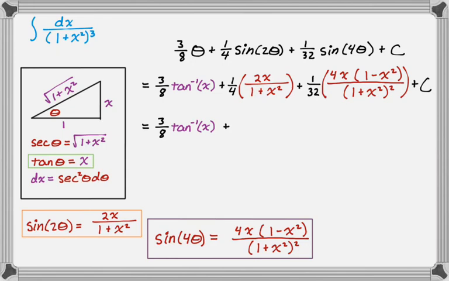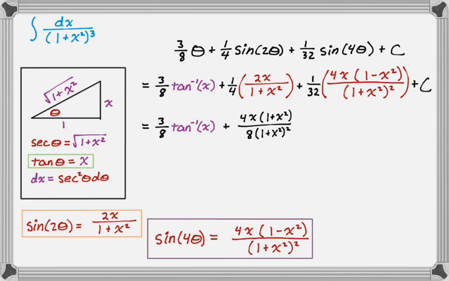So this first fraction, I need to multiply by 2 over 2 to get the 8, and 1 plus x squared over 1 plus x squared to get the 1 plus x squared quantity squared. So if I multiply by 2 over 2, that gives me a 4x. If I multiply by 1 plus x squared over 1 plus x squared, it's going to give me another 1 plus x squared, and then all over 8 times the quantity 1 plus x squared squared.